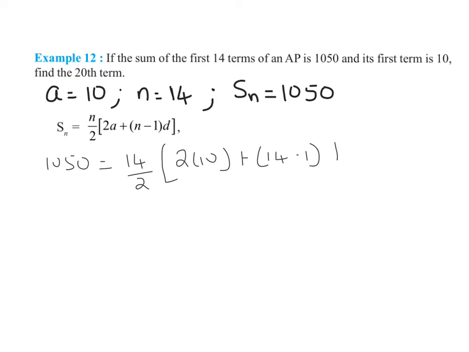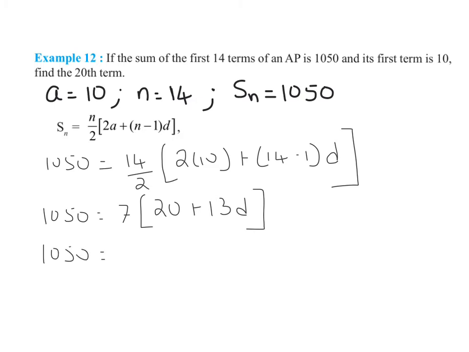Now we don't know what d is. We need to figure that out. So if we simplify this, we get 1050 is equal to 14 over 2, which is 7, times 20 plus 13d. Open the brackets.